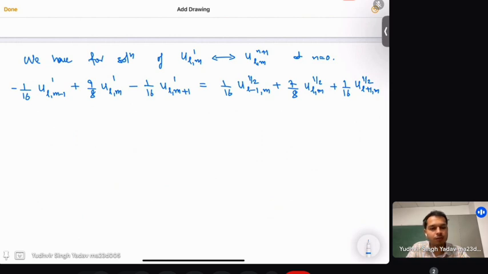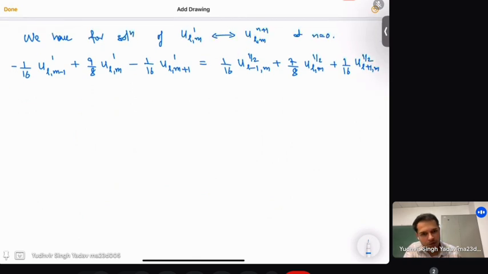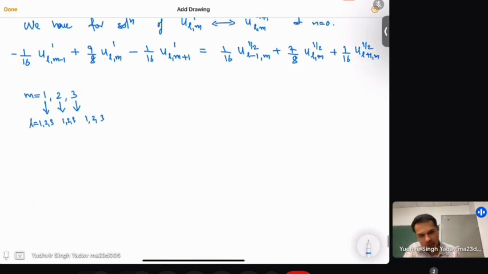And in the first step, we found the half time level solutions, so we will use those in order to find the solutions in this step. So you have to follow the similar procedure: fix m equals to 1, then 2, then 3. And for each m, you take l as 1, 2, 3. So there will be 3 different cases for each m value.